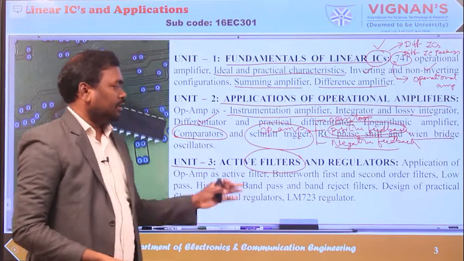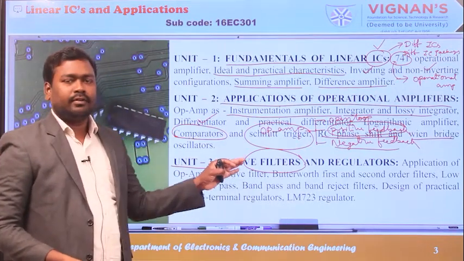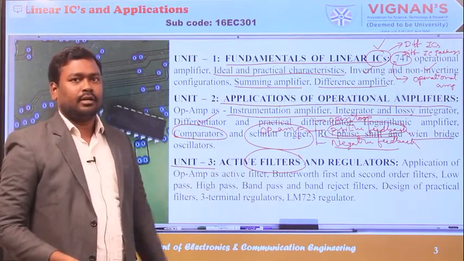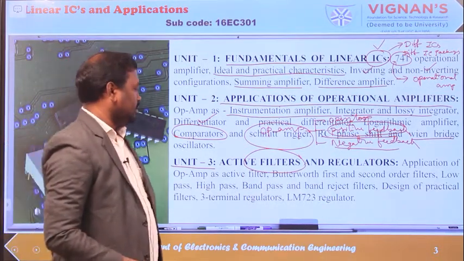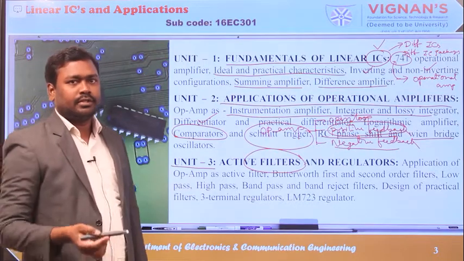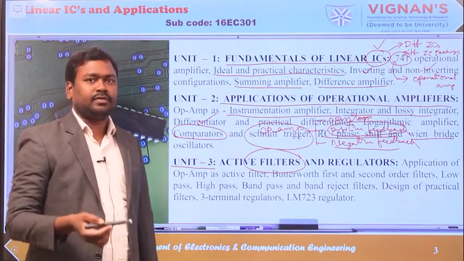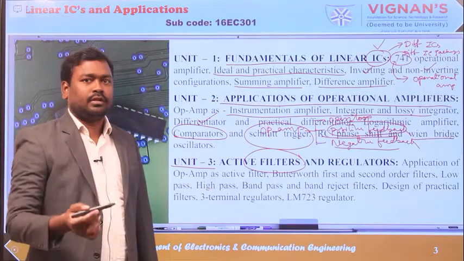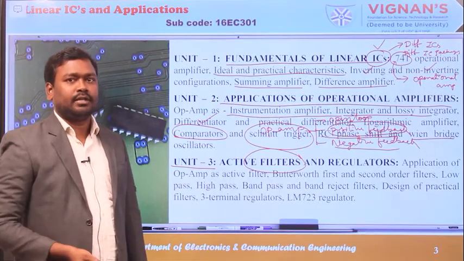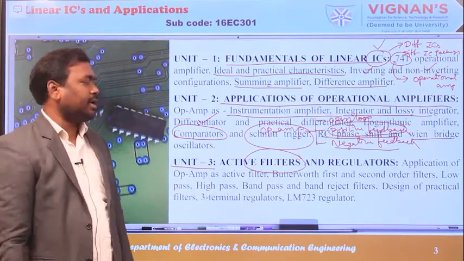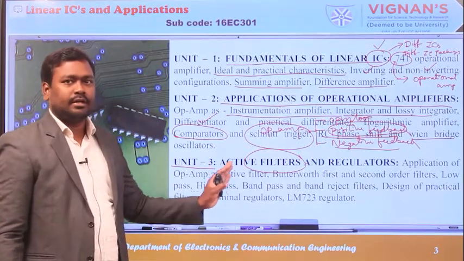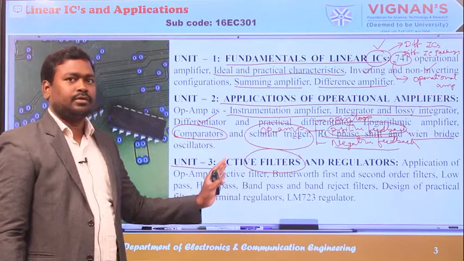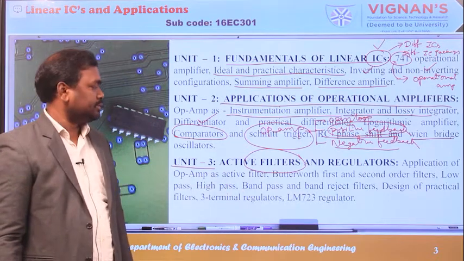So, designing a filter is very much important for any electronic system. So, we all know that the filters are mainly classified into 4 groups: low pass filter, high pass filter, band pass and band reject. Mainly in third unit we discuss those 4 types using op-amp.